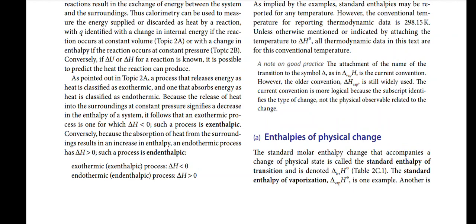The attachment of the name of the transition to the symbol delta, as in delta H vaporization, is the current convention. However, the older convention, delta H vaporization, is still widely used. The current convention is more logical because the subscript identifies the type of change, not the physical observable related to the change.